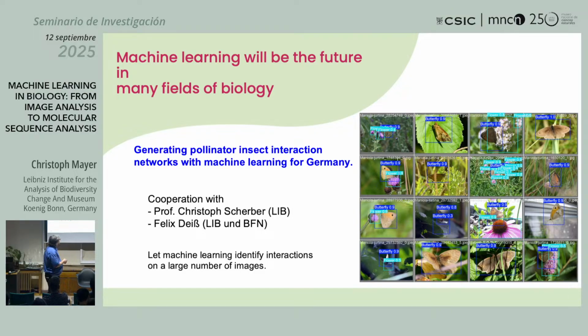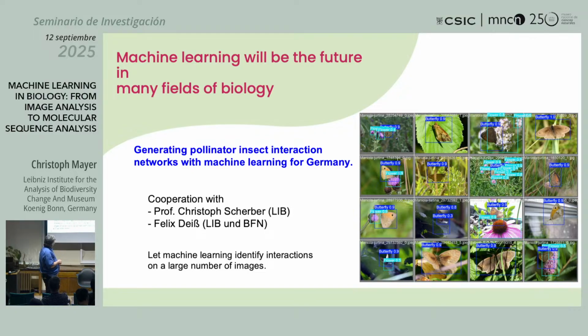So we will see here, these are certain flowers, and there's an interaction between that butterfly and these plants. So we can build what is called interaction networks, and machine learning can be used to automatically identify a large number of interactions on a large number of images here.